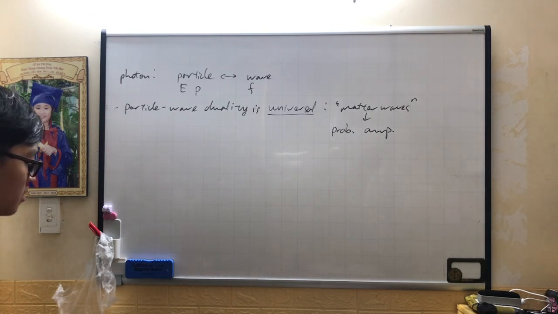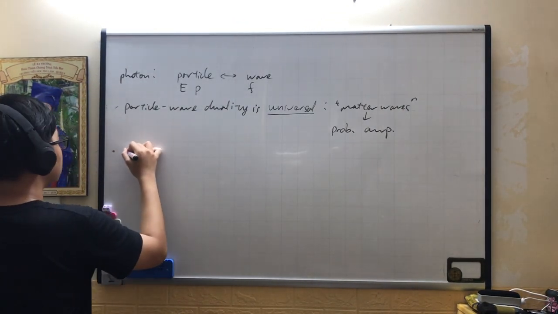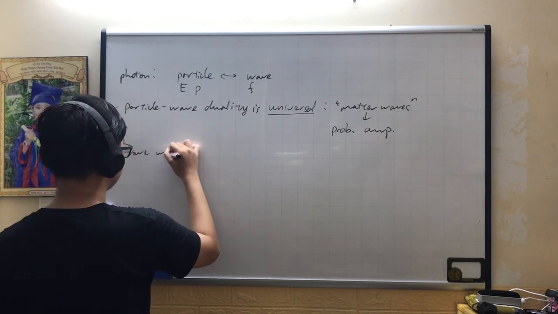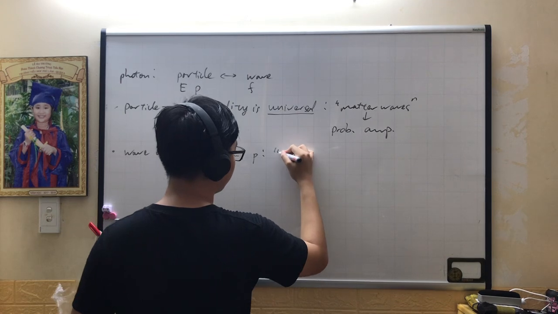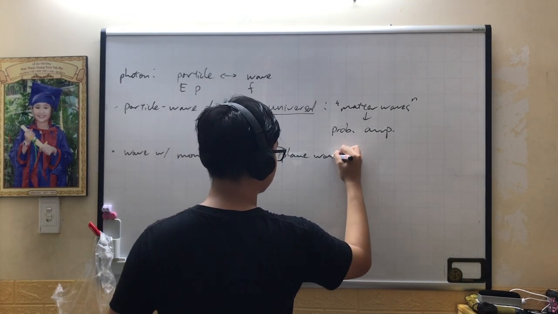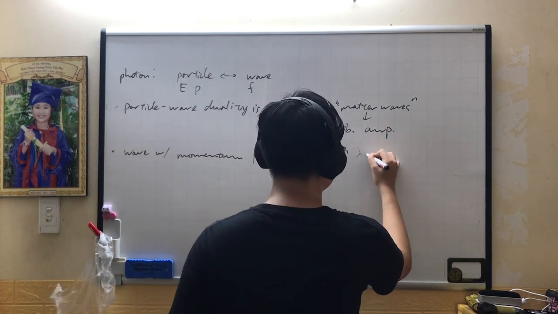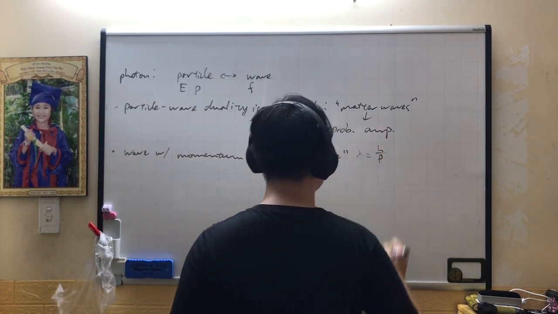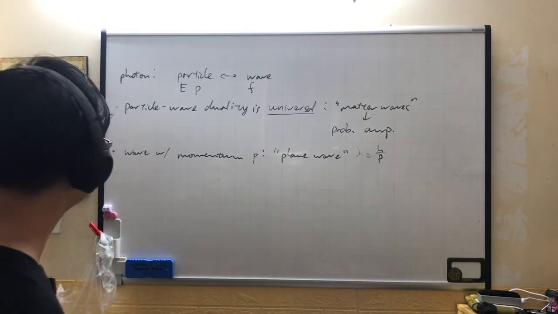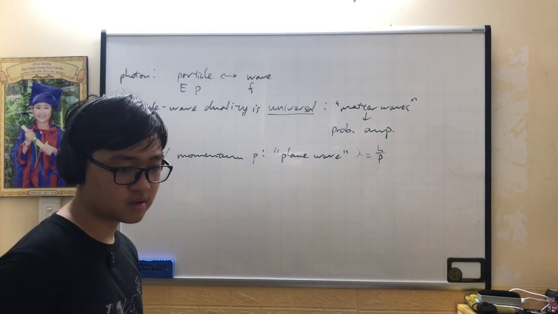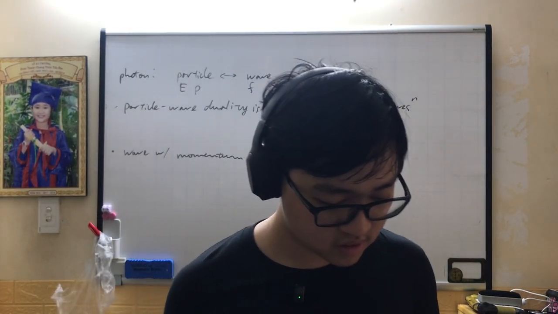And with a wave with momentum p, you get a plane wave that has a wavelength equal to h over p. A plane wave with no potential pulling it down, with momentum p. And that is it.